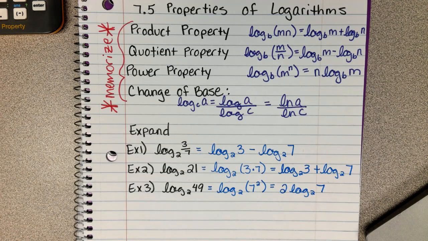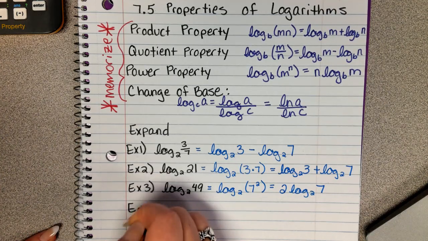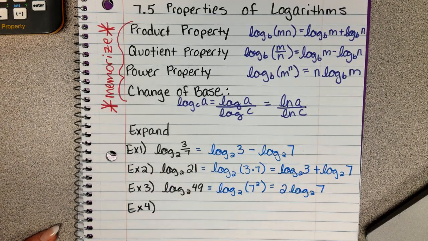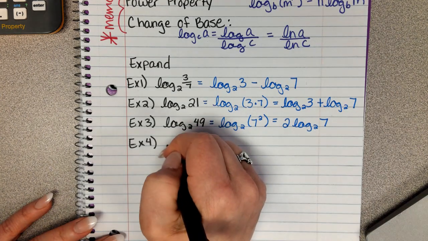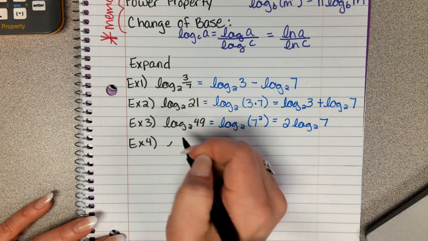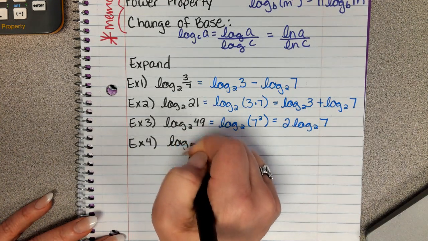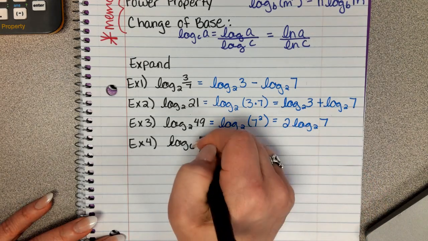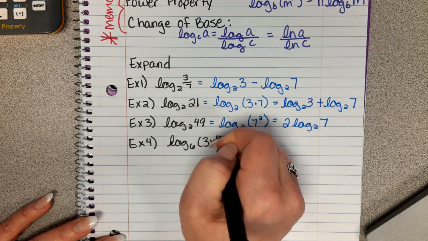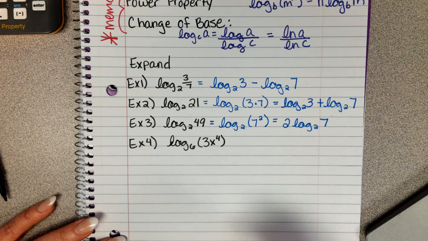Now, when you expand, you're not always just asked to expand with actual numbers. There will be variables involved as well. Let's look at an example of that. Let's do log base 6 of 3 times x to the power of 4.